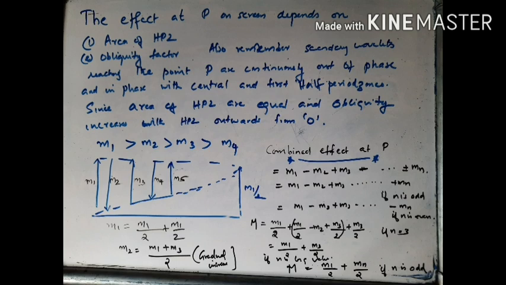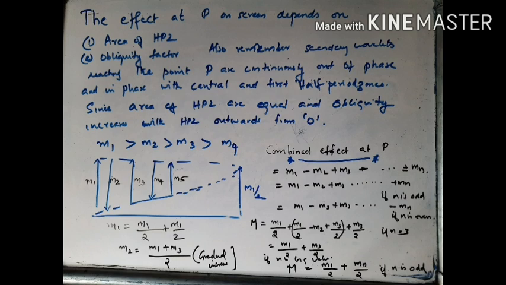Now we consider the combined effect at P due to all these half period zones. Let the total number of half period zones exposed at the point P be n. Therefore, the total effect M is equal to M1 minus M2 plus M3 minus M4 plus etc., plus or minus Mn.